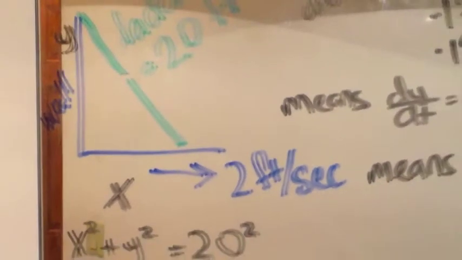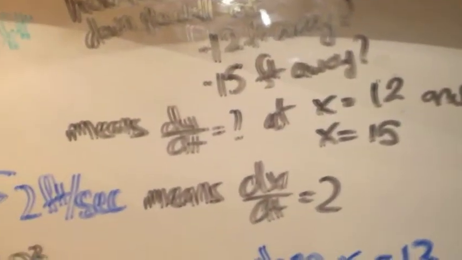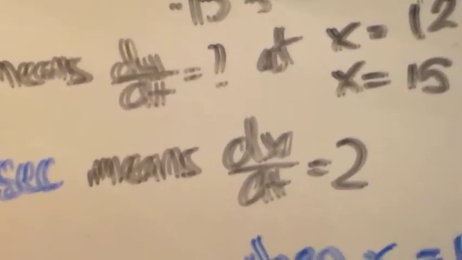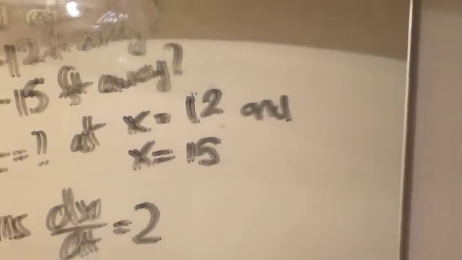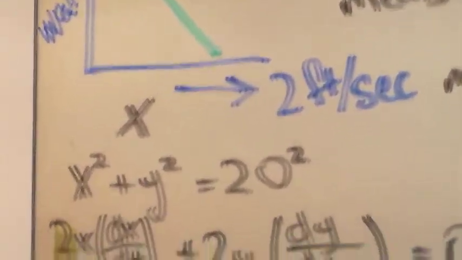Since dx dt equals 2 feet per second, and x equals 12 or x equals 15 at the two points we care about, we can figure out what dy dt equals at each. To start, we use the Pythagorean theorem: x squared plus y squared equals 20 squared.